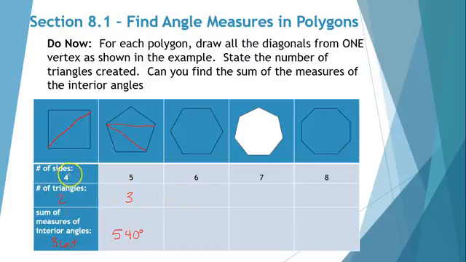If we have 4 sides, there's going to be 2 triangles. 5 sides, 3 triangles. 6 sides, we keep going up by 1, so 4 triangles. 7 goes to 5, 8 goes to 6. And then multiply each of these values by 180, and you will have the sum of all the interior angles of a convex polygon. Okay, so let's move forward.